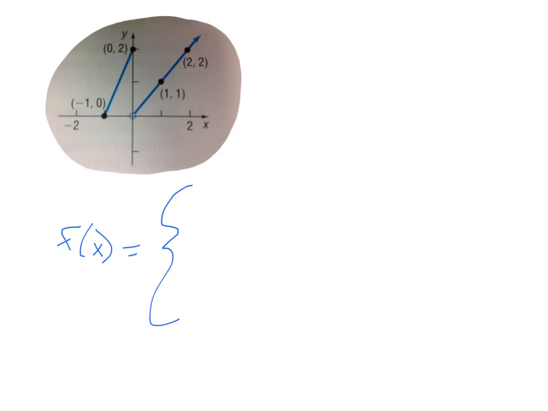So we have two separate intervals we have to define it on. And we always use inequality notation with these ones. So x is going to be greater than or equal to -1. And it's a closed dot at 2, so it's going to include x equals 2. In a second we'll figure out what that function is.